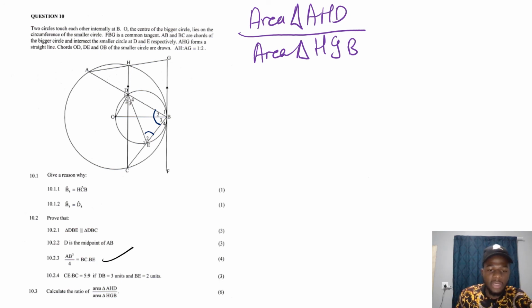This question paper seems like it has a lot of mistakes. If I had seen it, I would have changed the question paper. It's just that I didn't do this question paper before, but it's fine. You can fix it. It was supposed to be AGB because we have triangle AGB here, not HGB, you see.